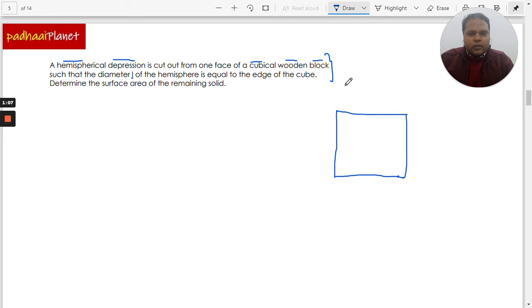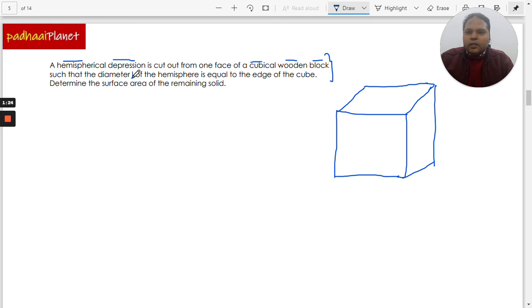This is one face of the cubical block, and this is how it's going to look. Now this is our wooden block.